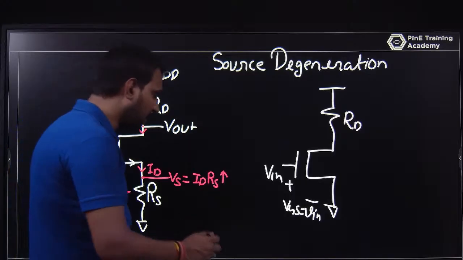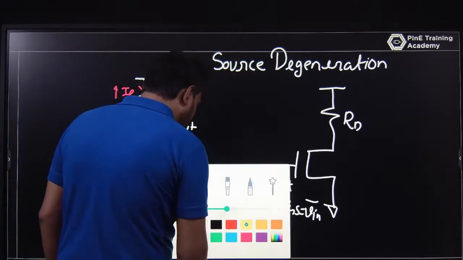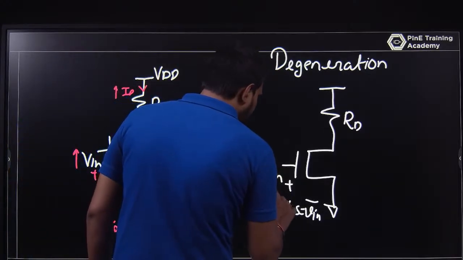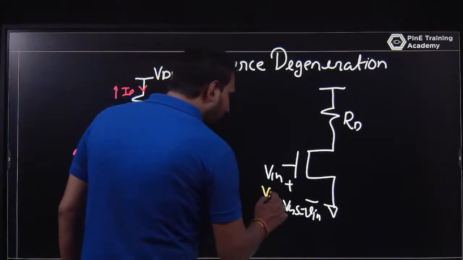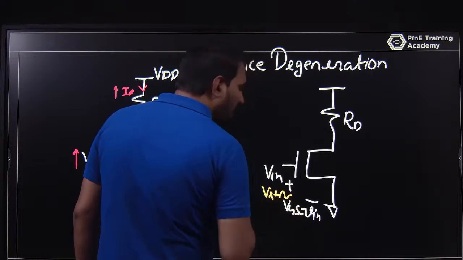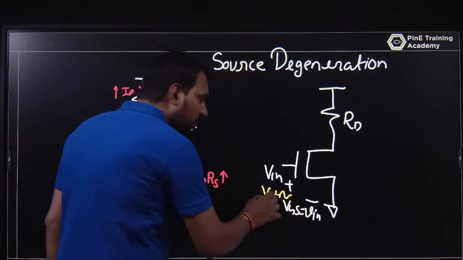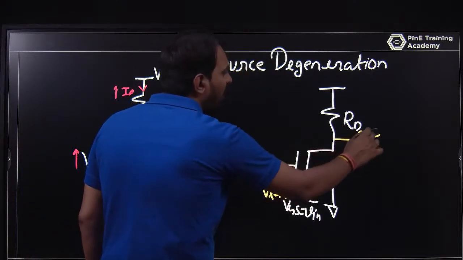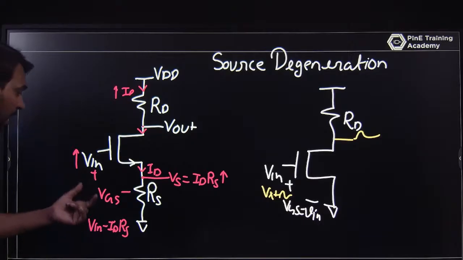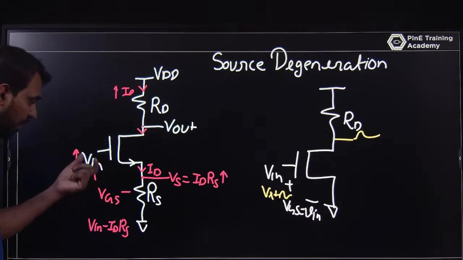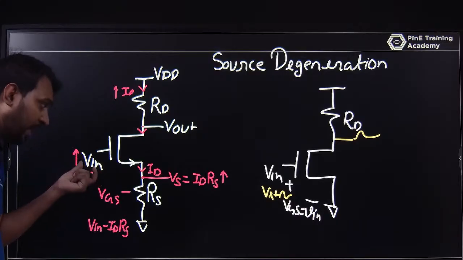Just think that you have an operating point. Let's say you have set the operating point as Vx, and some noise is coming here. On that basis, it would amplify the noise. Now you are setting that operating point and you have noise here.